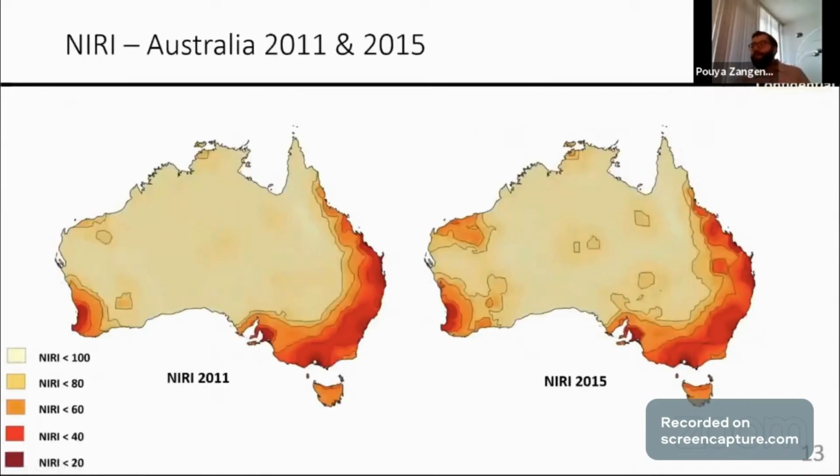The next thing that we did was that we thought, okay, we have the 2011 data right now for Australia. However, that was the time when VIIRS results data was published, I believe for the first time, in 2018 or something like that.